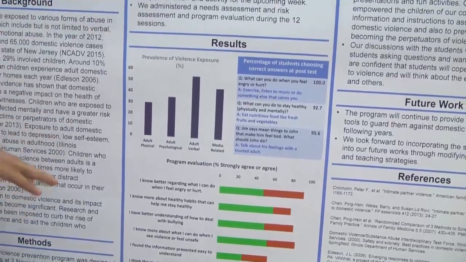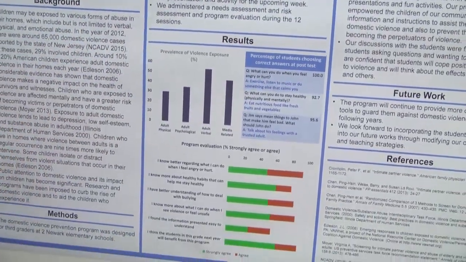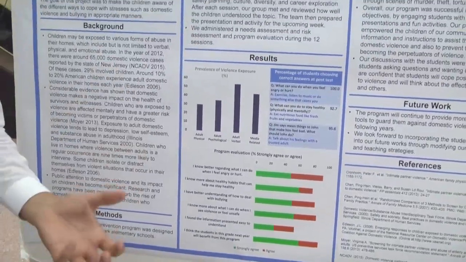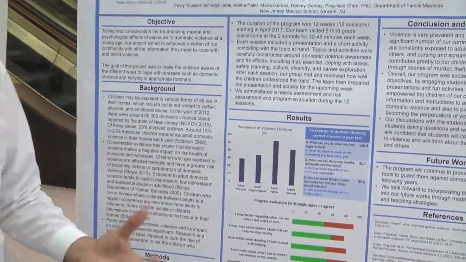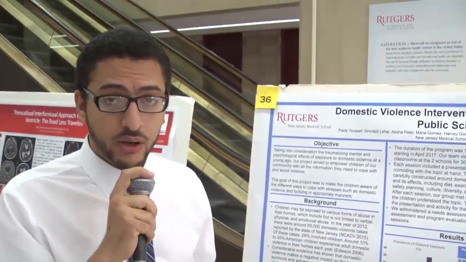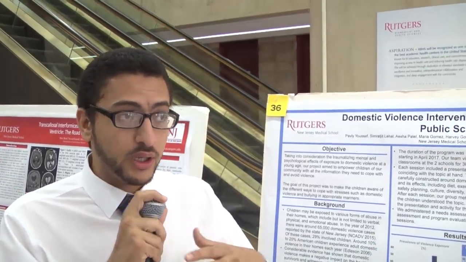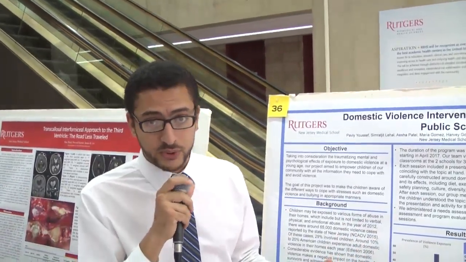When we first started the program, since the program objectives weren't really directed at collecting specific data or finding out something, we did a survey to see what kind of violence they're exposed to, and how common it is for them to be exposed to violence.